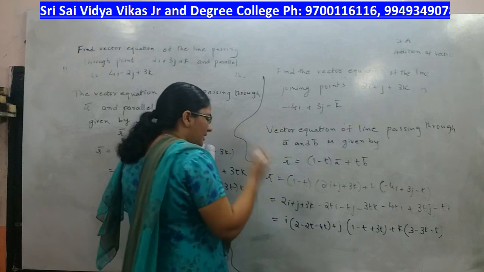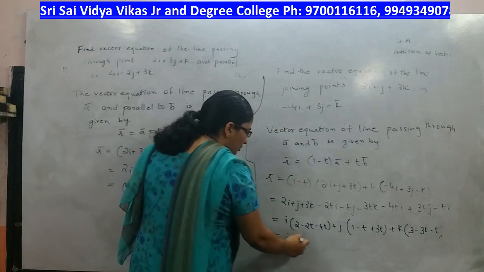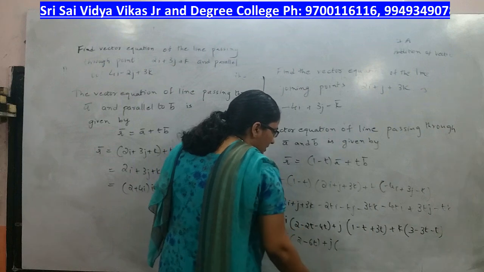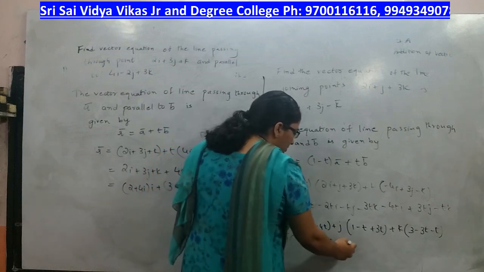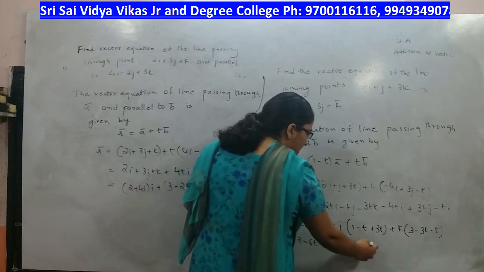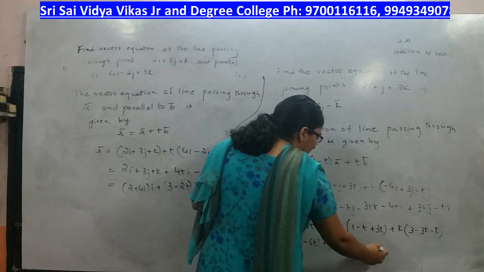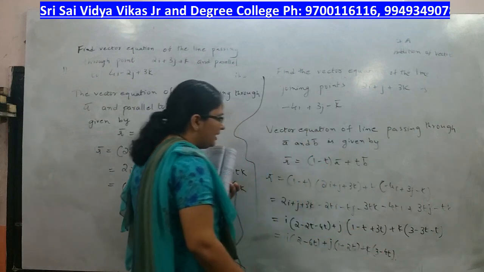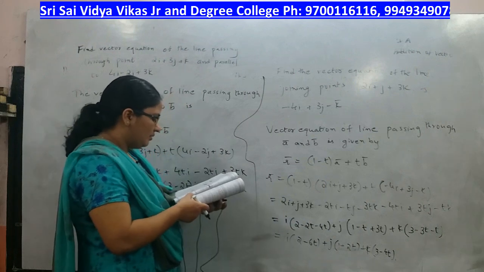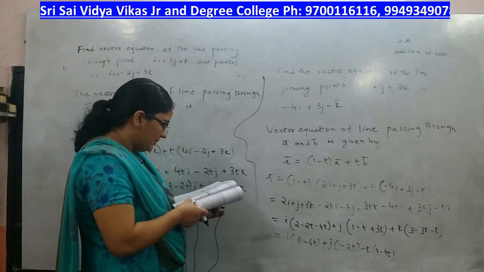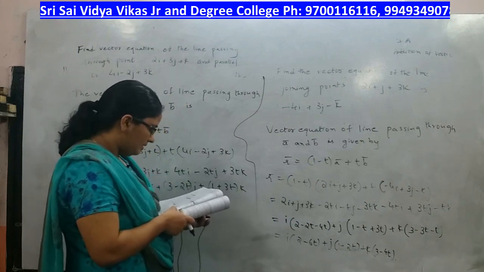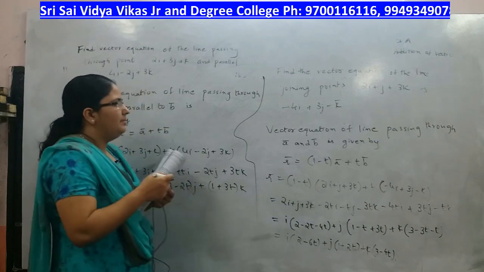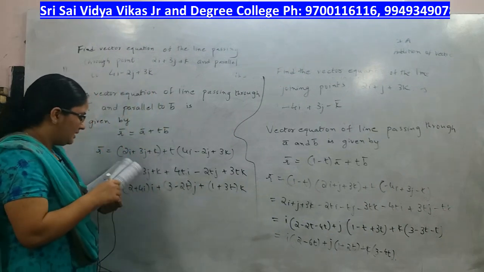So that is nothing but i into (2 minus 6t) plus j into (1 plus 2t) plus k into (3 minus 4t). This is the vector equation of the line passing through two given points. Note down this, we shall discuss the next problem.